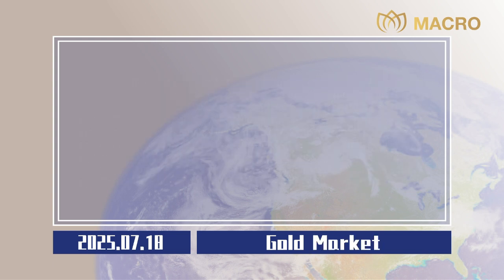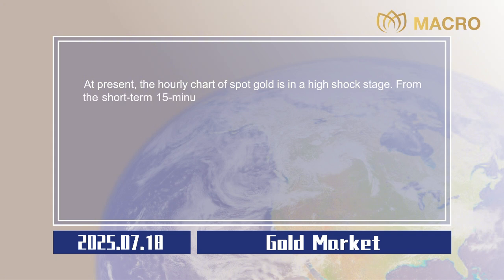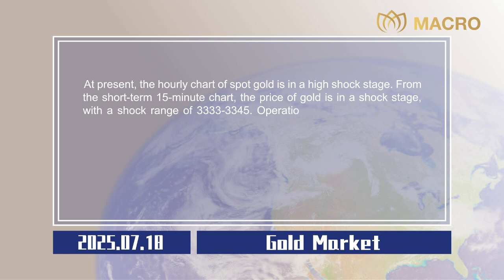Gold market. At present, the hourly chart of spot gold is in a high shock stage. From the short-term 15-minute chart, the price of gold is in a shock stage, with a shock range of $33.33 to $33.45. Operationally, it can be sold at a high price and bought at a low price in this range.